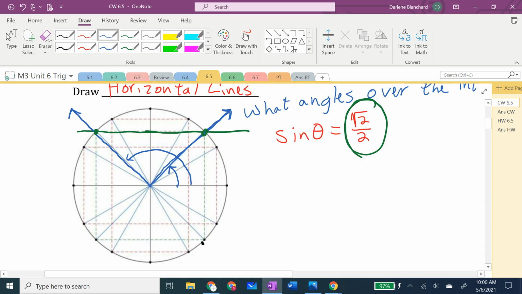The fact that there are two answers is why I started you yesterday on draw a horizontal line. Now, these are angles that are halfway through quadrants. So what is this angle in quadrant 1 that is halfway through quadrant 1? 45.